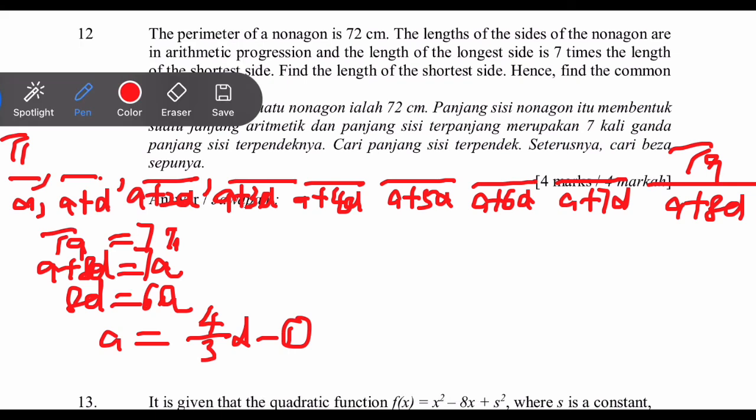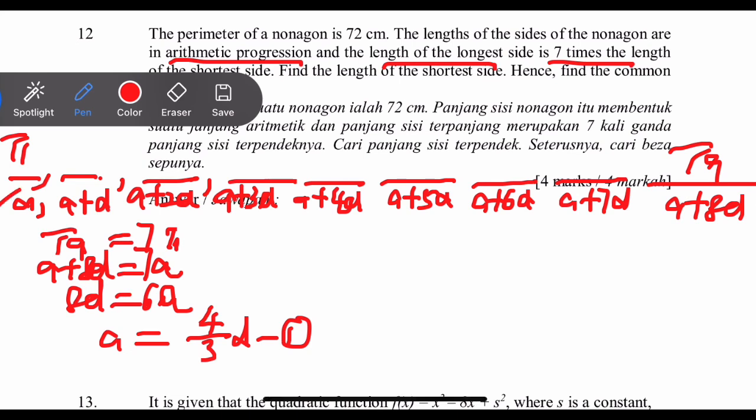So let's get the information from the question. The most important information is that this is an arithmetic progression, and the longest is 7 times the length of the shortest. We have solved this, right?